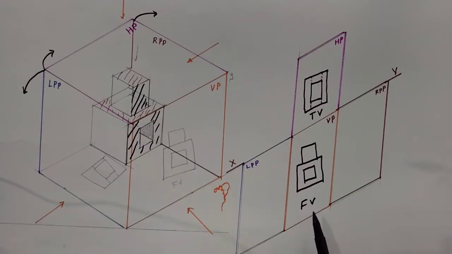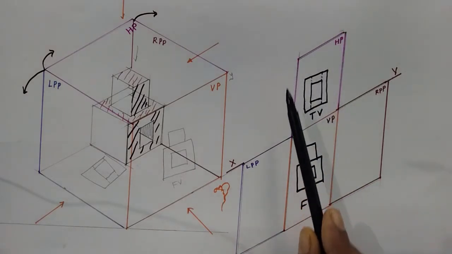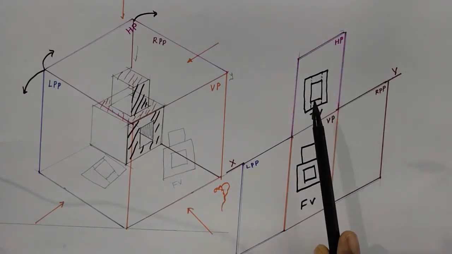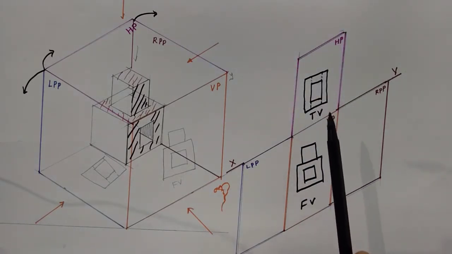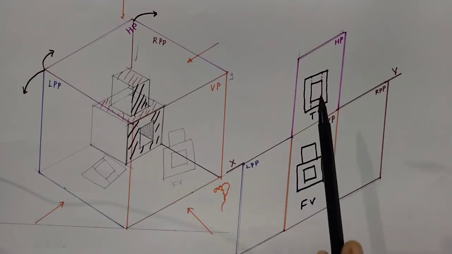And exactly above the vertical plane there is the HP plane. On HP there is the top view. So in the third angle projection system, the front view of the object is below the XY line and the top view of the object is above the XY line.